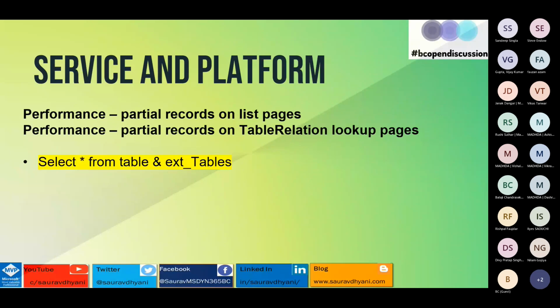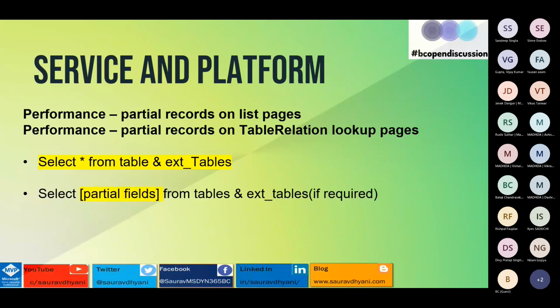It'll change it to some selected fields from the table and table extension if required. Now, only fields from the table extension will be pulled if they are part of your page. If they are not part of your page, they will be excluded from the query that is being done to SQL Server to fetch that data.